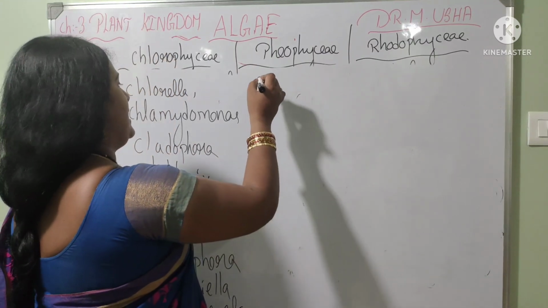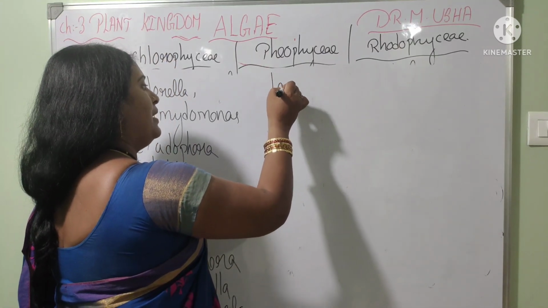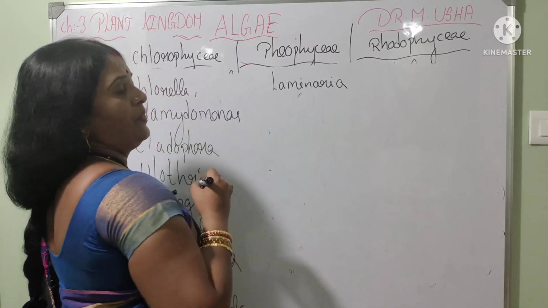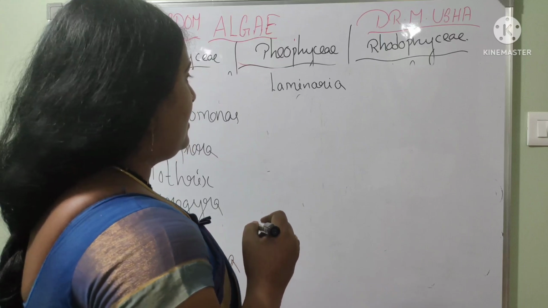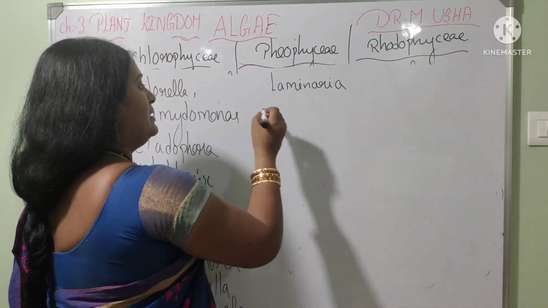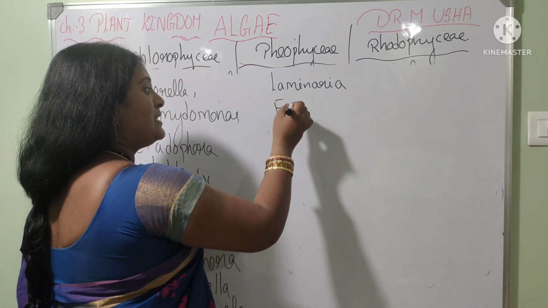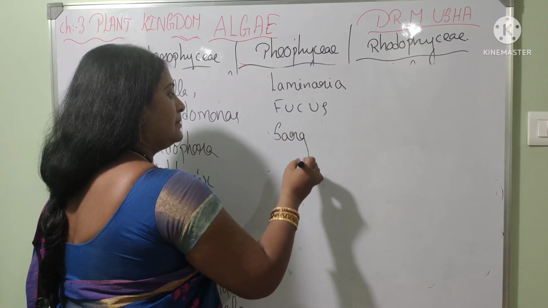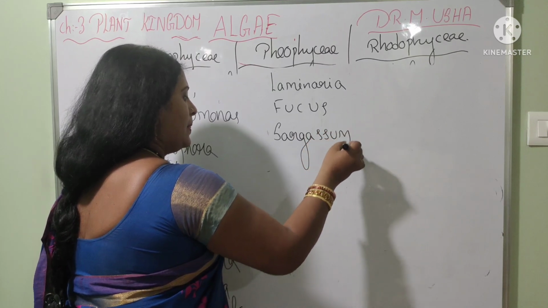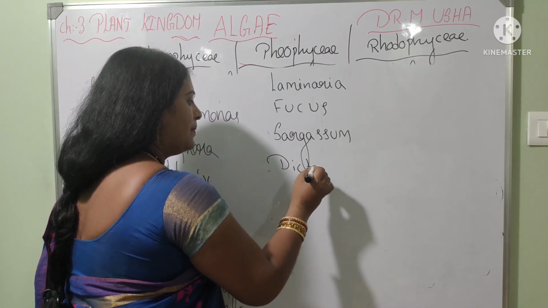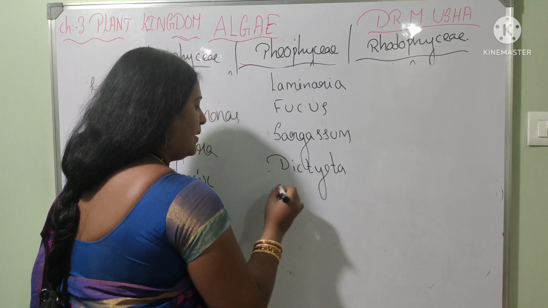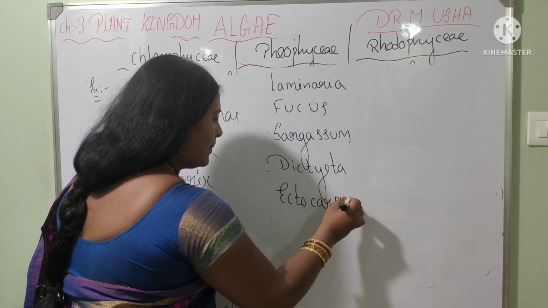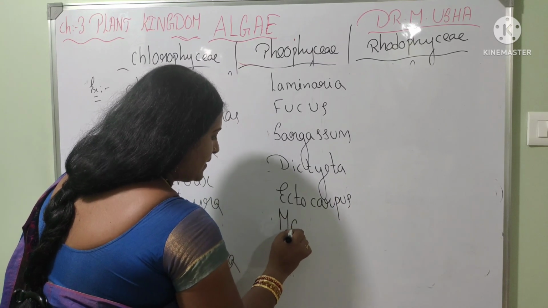Okay, Phaeophyceae examples. First, Laminaria. After Laminaria we can see Fucus, Sargassum, Dictyota, Ectocarpus, Macrocystis.